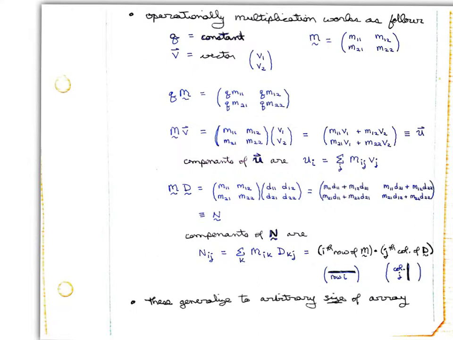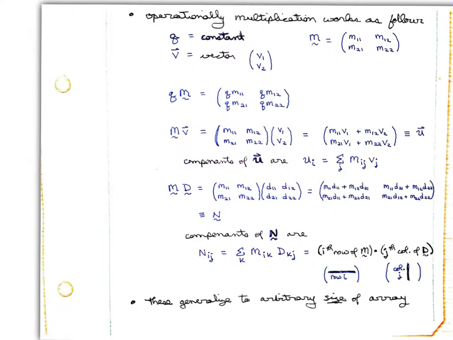If I call the answer by the name U, with a vector sign on top, notice that any component of U, so the components are like the rows of the vector, corresponds to the appropriate row of the original matrix with a sum over the column index of the vector and the matrix.